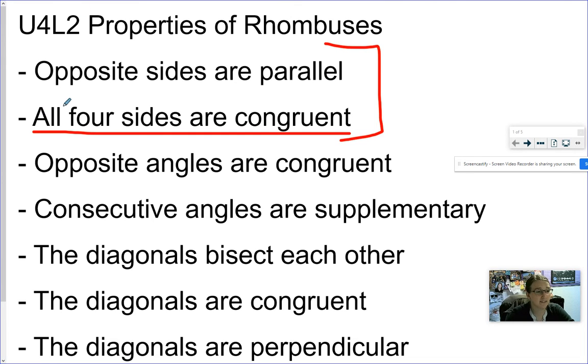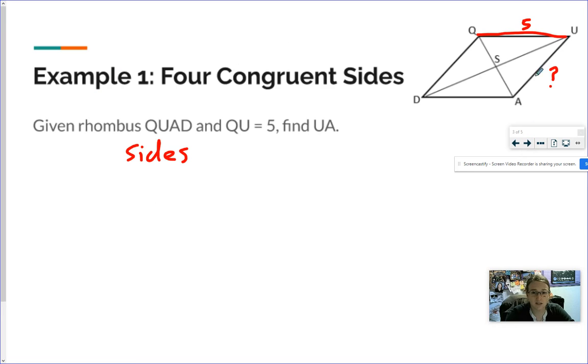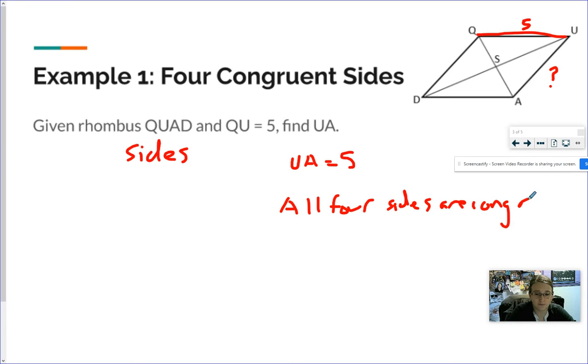But this right here definitely does. All four sides are congruent. And so, if this is 5, what does UA have to be as well? 5. If all four sides are congruent, they have to be 5 all the way around.